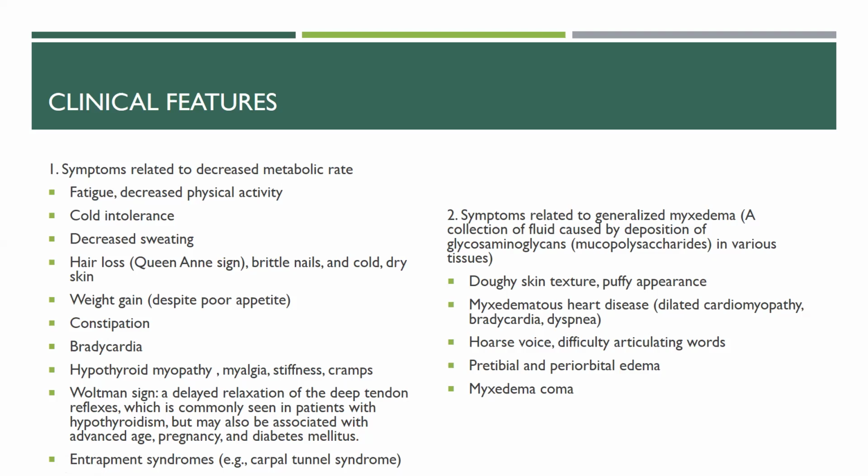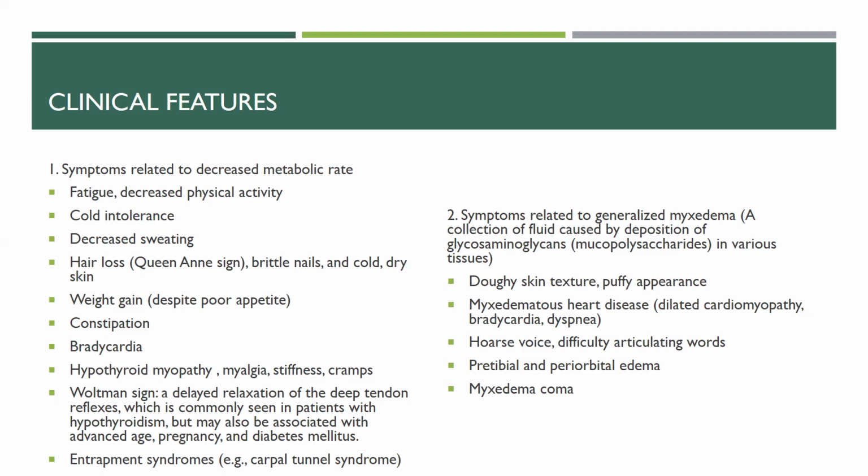Remember what we covered in endocrinology, the history part. So you'd have weight gain despite poor appetite. Like you're not eating, but you still gain. And then you'll have constipation, bradycardia, which is slowing of the heart rate to less than 60 beats per minute in adults. For children, it's a whole other thing, so I won't get into that right now.